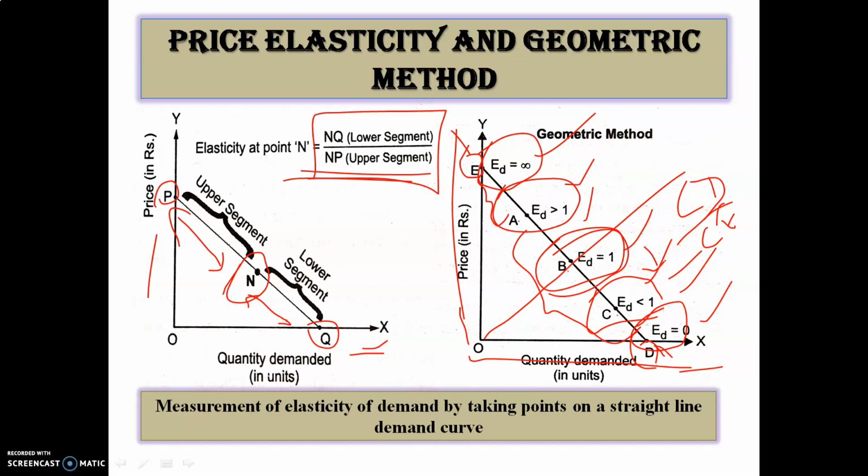I hope that you are in a position to understand the basic concepts of the geometric method, or the method of point elasticity of demand. How to calculate elasticity of demand by using the geometric method, it is clear to you, I guess.